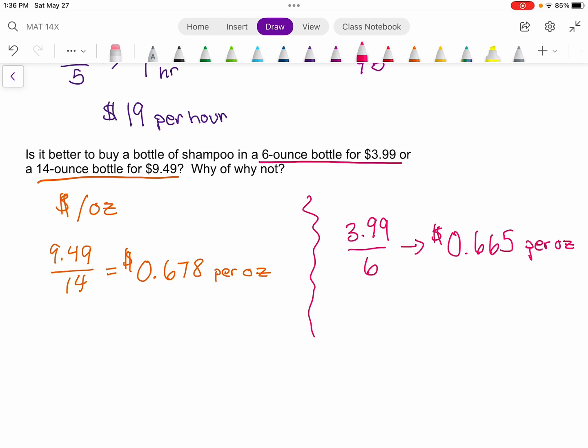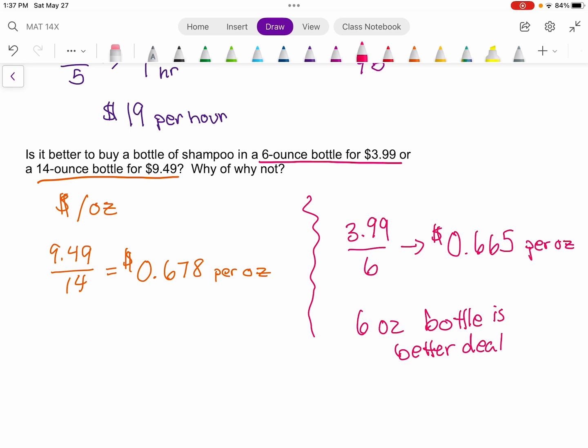So if I'm comparing the two, I would say that the 6-ounce bottle is the better deal, because it costs less per ounce. I could buy 2 of those 6-ounce bottles and then I have 12 ounces of shampoo. Yes, it's a little less than the 14-ounce bottle, but I'm paying less per ounce. So in the end, that 6-ounce bottle is the better deal, and that's what I'd want to buy.